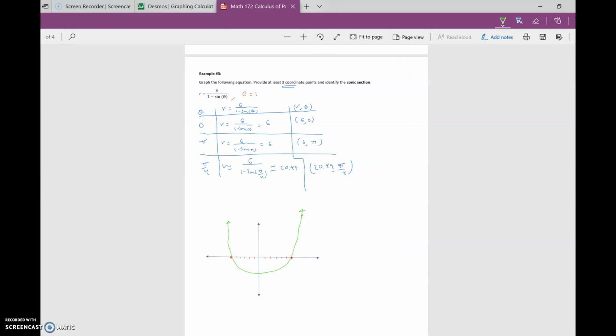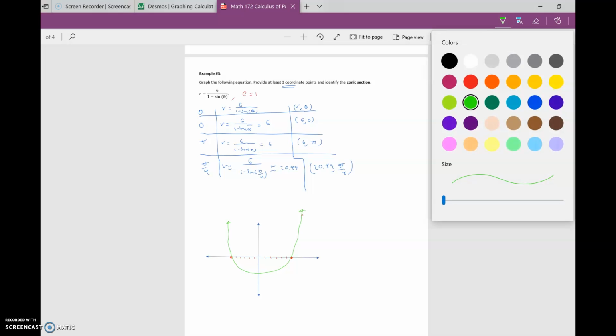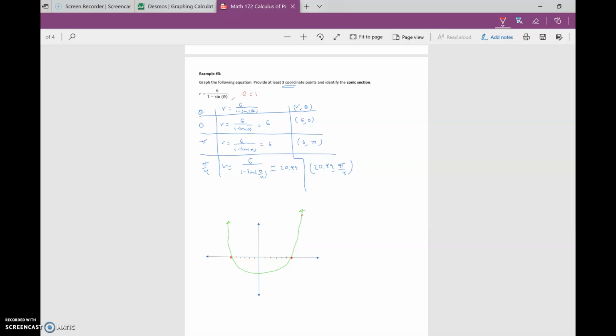You do have holes on this one, so technically what we do is just add the disclaimer. In this case, because you don't have an actual value for theta, theta cannot equal the values of pi over 2 or n pi.